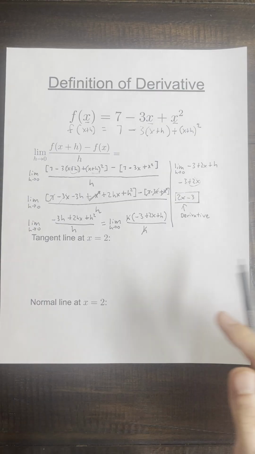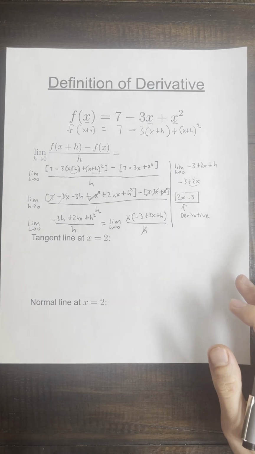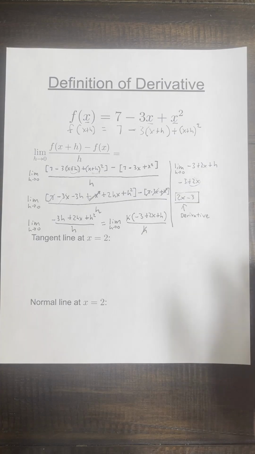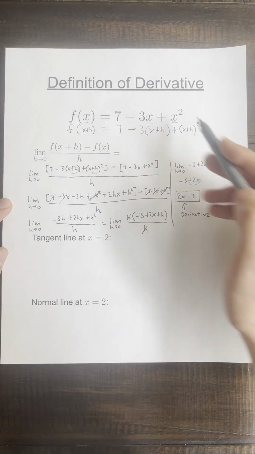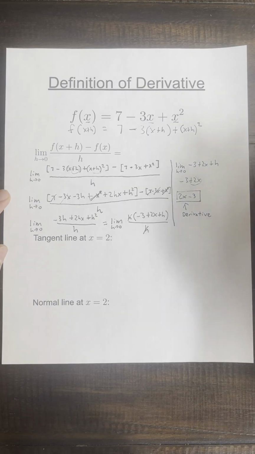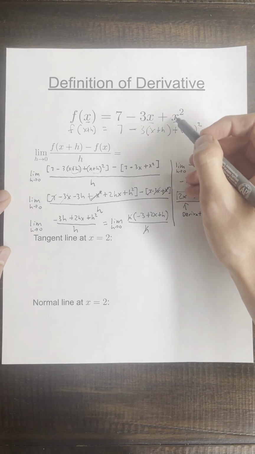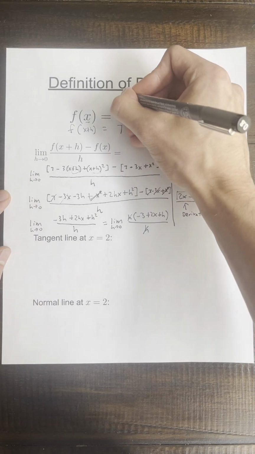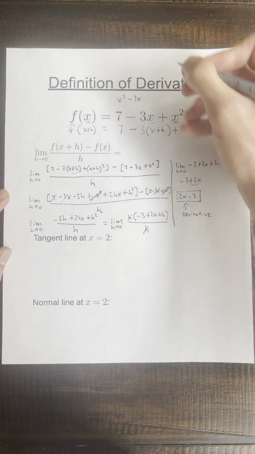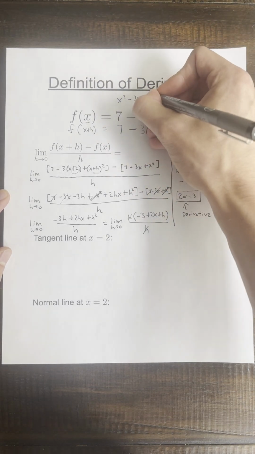But before we do that, I want to show you what this looks like graphically. What kind of graph is this? So you can think of it like this: x squared minus 3x plus 7.